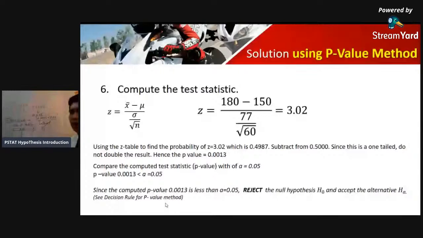Sir, my z value is greater than 3, so what's the problem? Just try to analyze it. I'll get this value, 0.5000, and subtract it from 0.5000. Is there a possibility that I get a value which is greater than 0.05? Just check the chances.